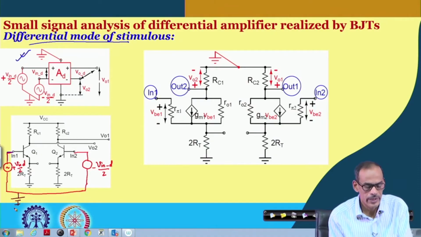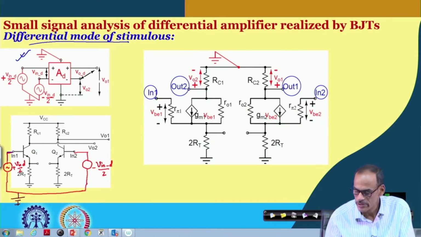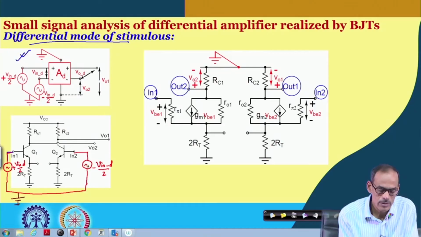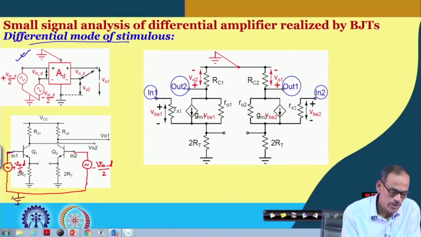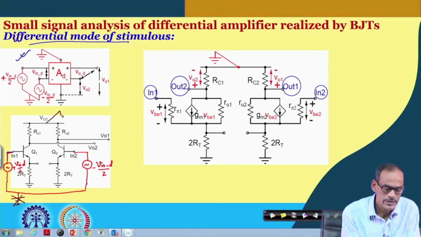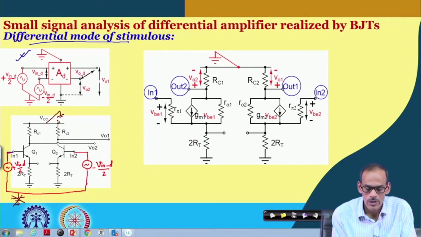And once we get the small signal equivalent circuit, of course, we will be dropping this part, and then we will be considering this as AC ground. So, that is what we have here.